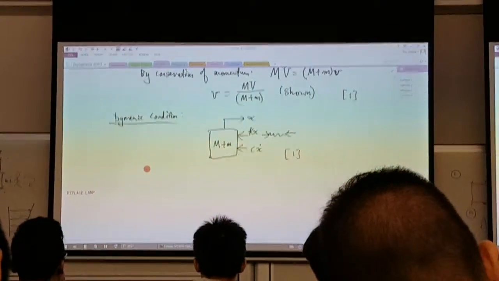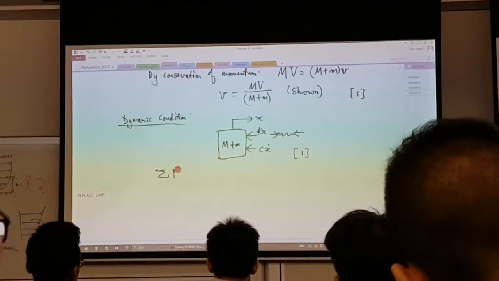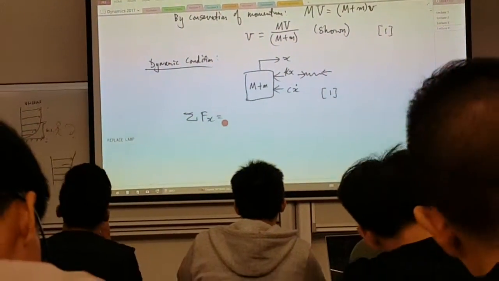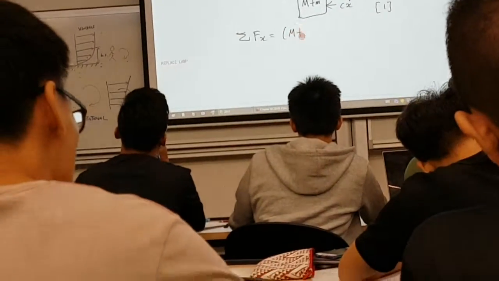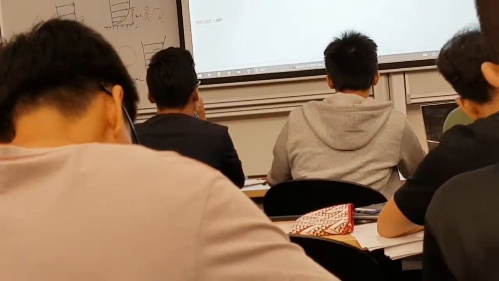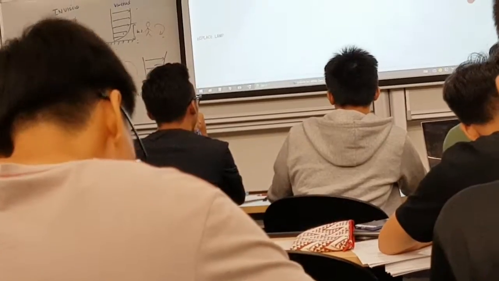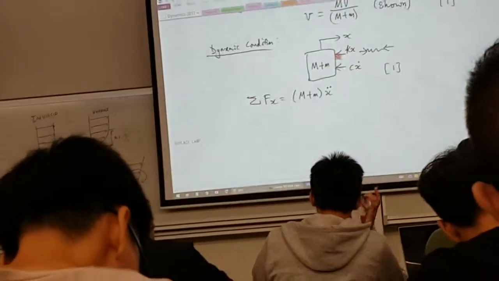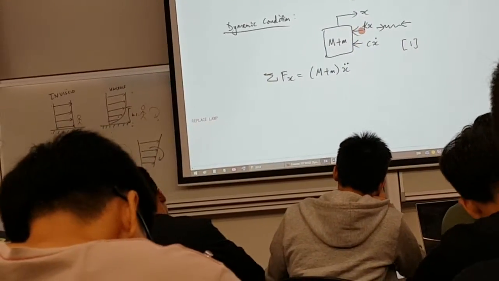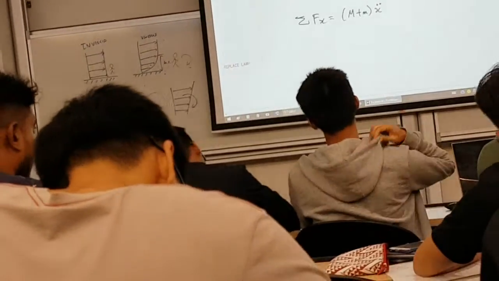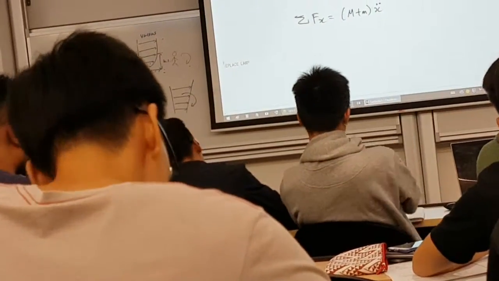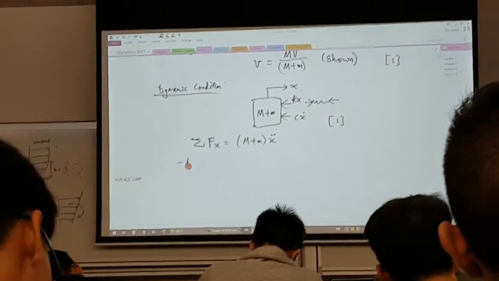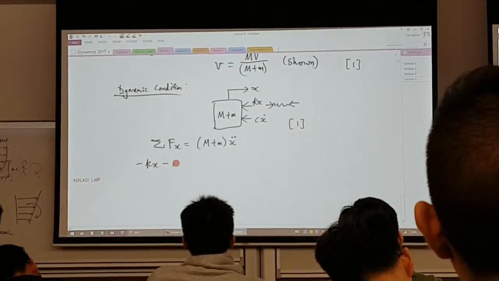So after that free body diagram, summing up the forces along x direction, that's big mass plus small mass multiplied by x double dot. This is your Newton's second law. So since these two arrows for the damping force and spring forces are in the opposite direction of my convention x, that means both terms would be negative.